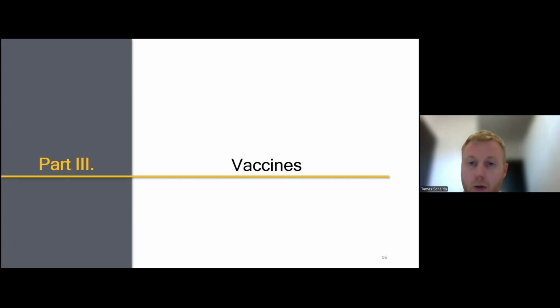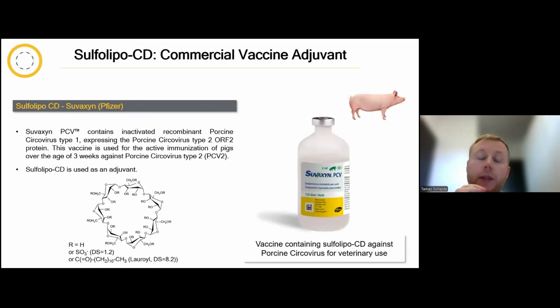Let's see what cyclodextrins do with vaccines. Here, the examples will be much closer. They're actually on the market, so I can bring quite a few products that are either in clinics or already marketed with cyclodextrins.